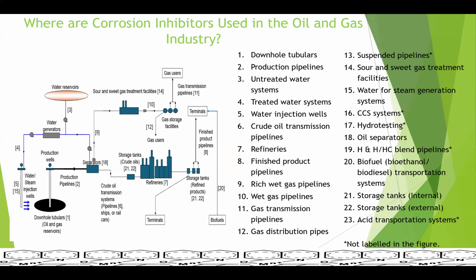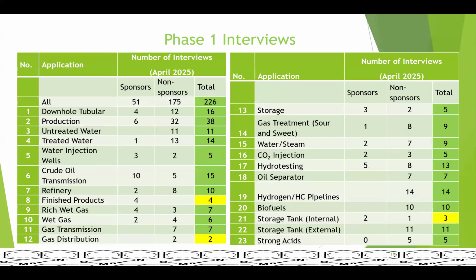As a consequence, each one of the applications should be considered as a separate entity. That was one of the things we found from this discussion, and based on that, we conducted the interviews.